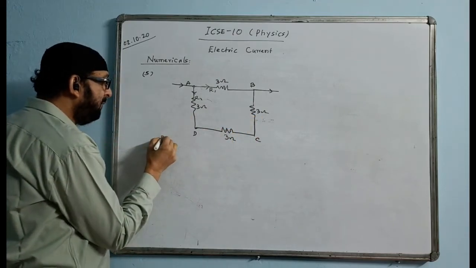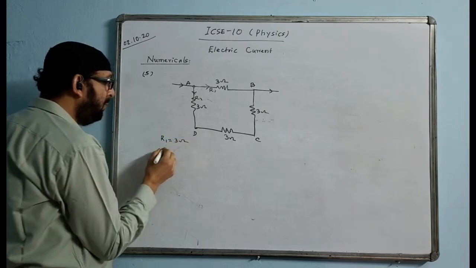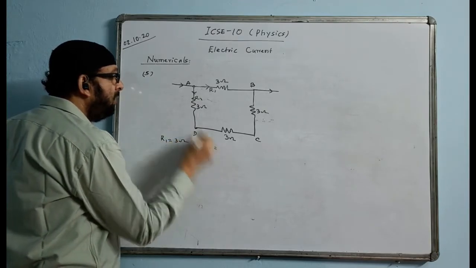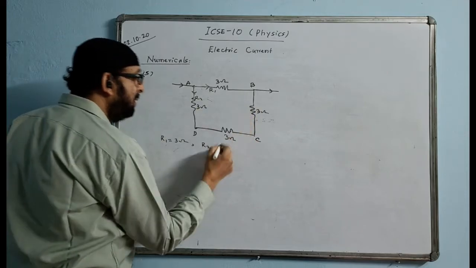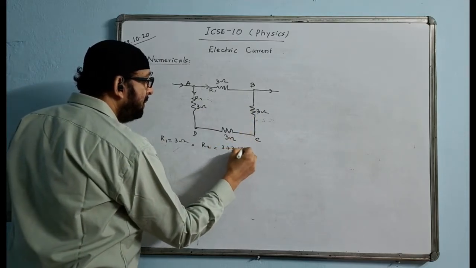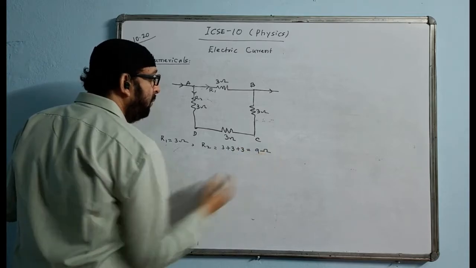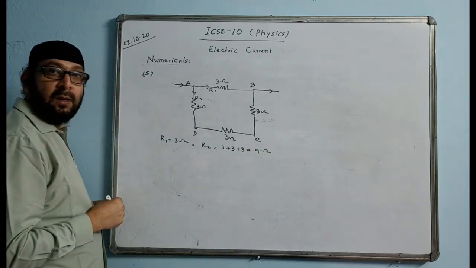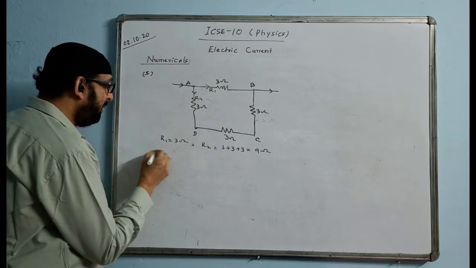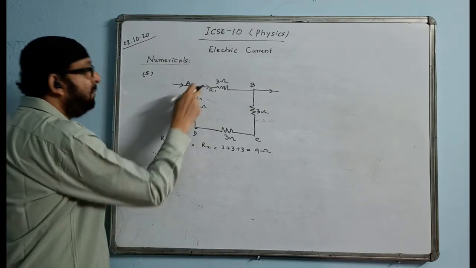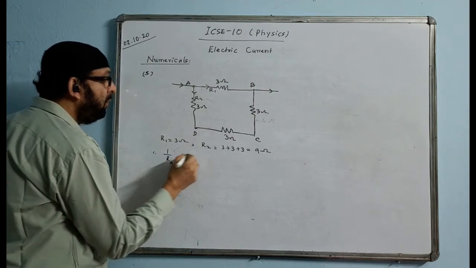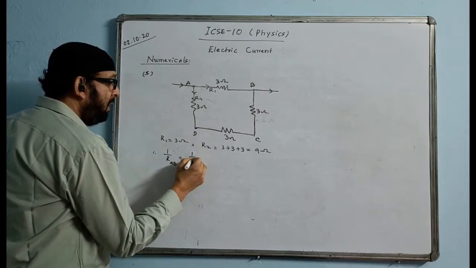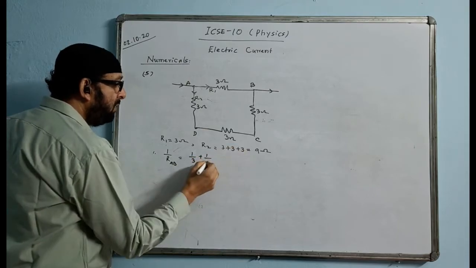So first I write in the same way. R1 is 3 ohm, and R2, the lower one, will be 3 plus 3 plus 3, the answer is 9 ohm. R1 is 3 ohm and R2 is 9 ohm. They are in parallel, as we decided because there were two branches in the beginning. Now I get 1 by RAB equal to 1 by R1, that is 3, plus 1 by R2, that is 9.